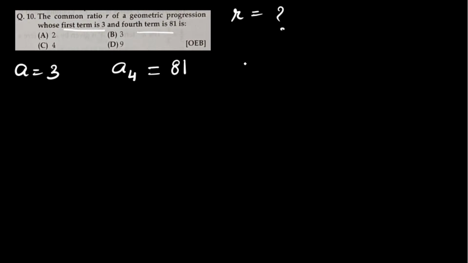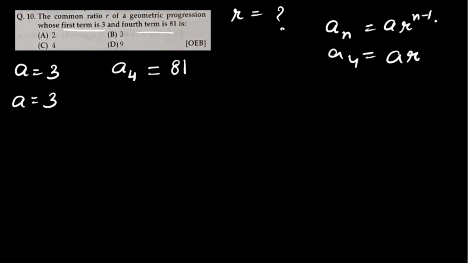So now R we have to find. A is 3. Fourth term's formula we can write. We know the formula of AN: AN is equals to A into R to the power N minus 1. So A into R to the power 4 minus 1, which is 3. So directly you just remember A4 is equals to AR to the power 3.